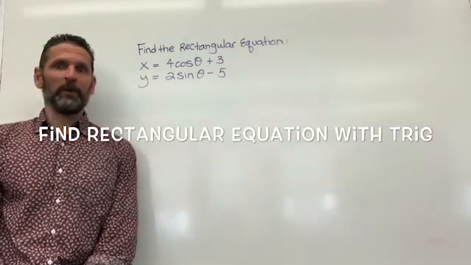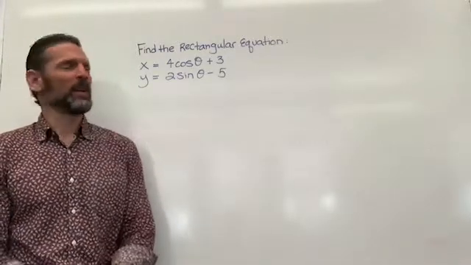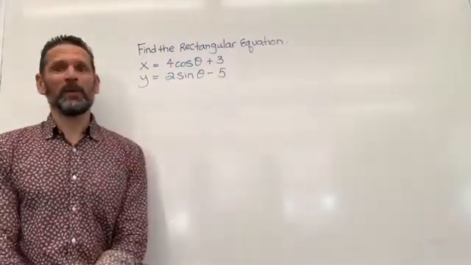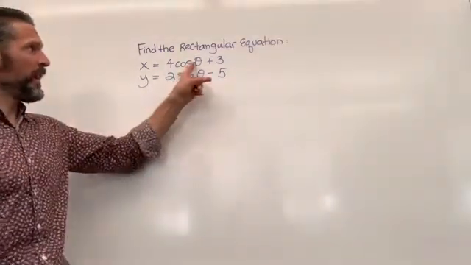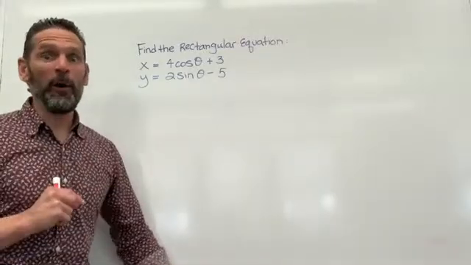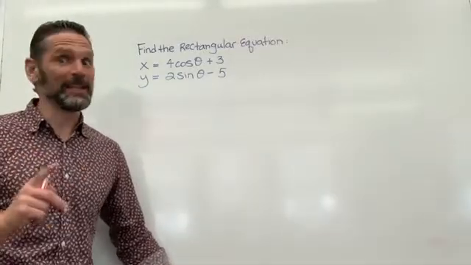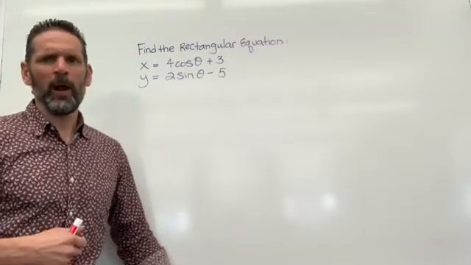Continuing on with parametric functions, let's find the rectangular equation when given a parametric equation involving trigonometry. Notice here that our third variable is now theta. It doesn't have to be t, and t, of course, doesn't have to be time. Here, we have theta, no problem.